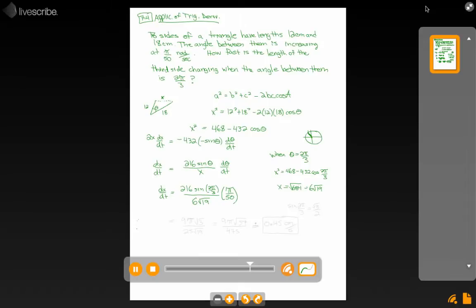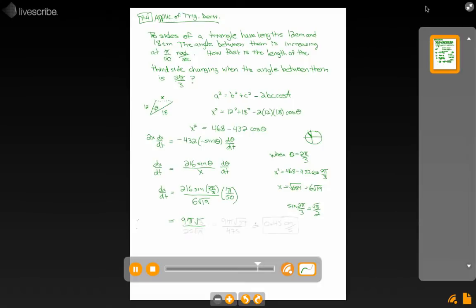Now that's a lot of exact value stuff to keep track of, but nothing too unmanageable. Sine of 2 pi over 3 happens to be root 3 over 2, nice unit circle number. And if you crunch all this, you're going to get one of a couple things. You might start off reducing the fraction.